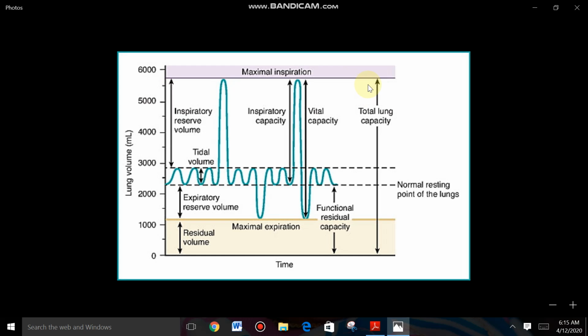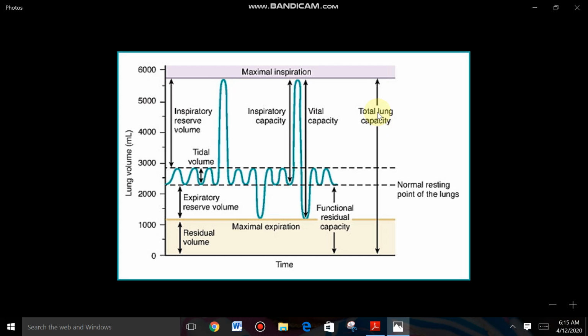So what is the forced inspiration point? It means the maximum inspiration point, this point. At this point, how much total volume of air is present in the lungs, not inhalation, not exhalation, at the time of forcible inspiration. Once you have inspired forcibly, at that time how much volume of air is present inside the lungs is called total lung capacity.